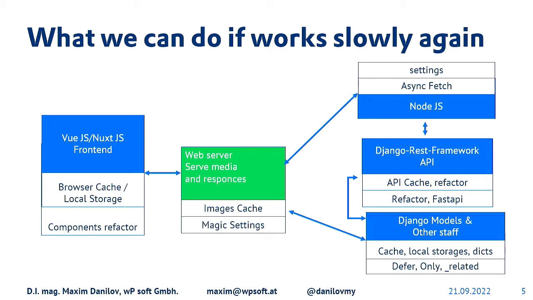Probably we start to use FastAPI in our project, and on Django we start to use defer only, select related, prefetch related for query sets. We start to change settings in Node.js, but it works slowly. Who knows this problem? All work slowly, probably. Yeah. What can we do?